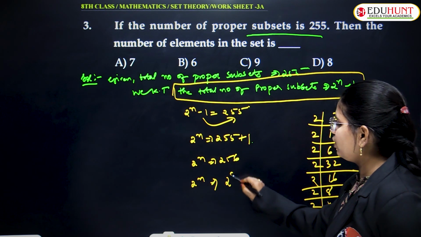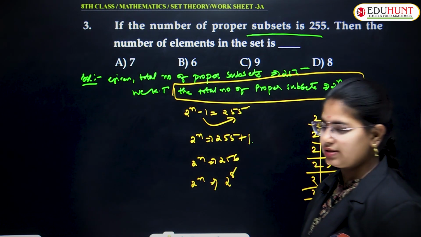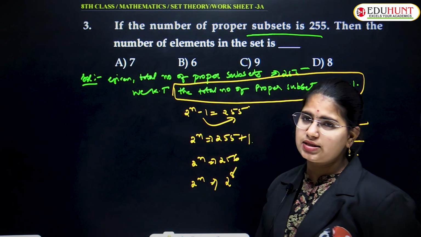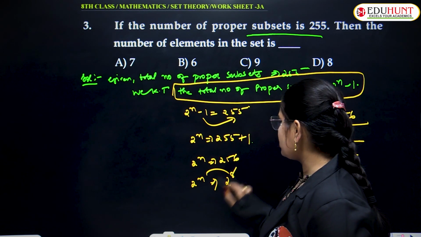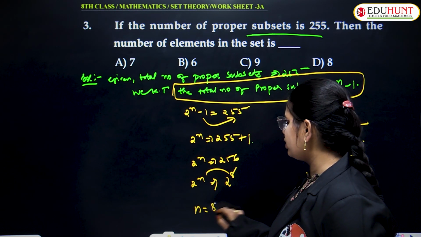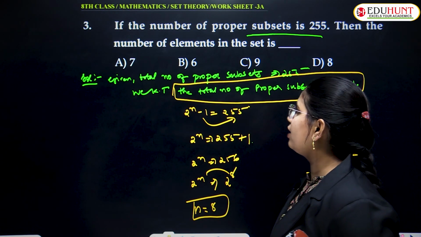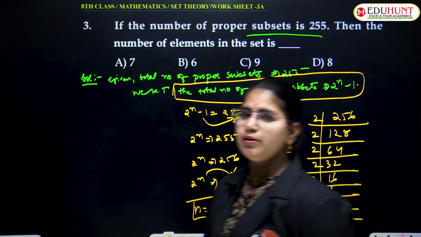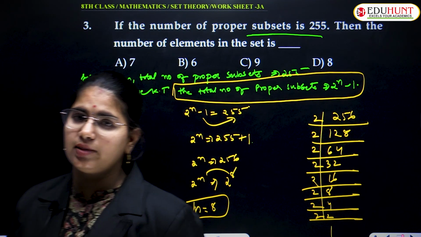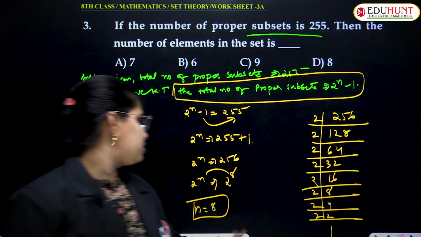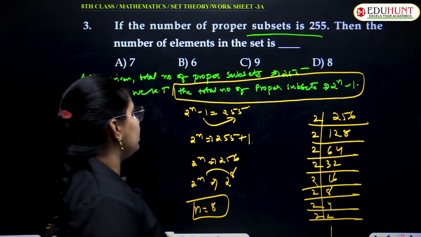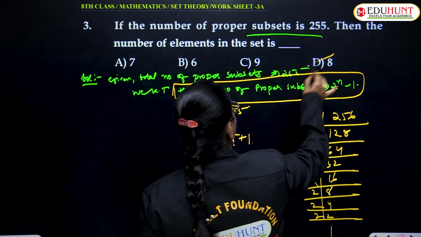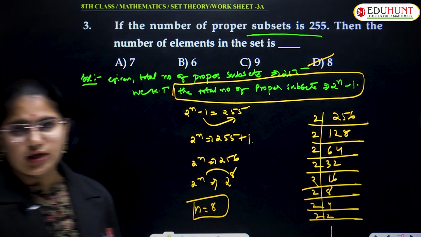So you have 2 power 8 equal to 256, right? When the bases are equal, the powers must also be equal. So what is the value of n? The value of n is 8. So the number of elements is 8. So what will the answer be? D will be your answer.